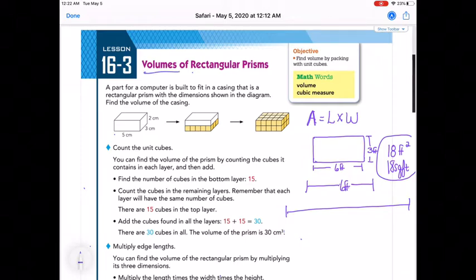Volume is very similar to figuring out area, but instead of just having length and width, volume is going to be three-dimensional. So your answers are going to be in units cubed, so a little 3 up there, or cubic units. Okay, does that make sense?